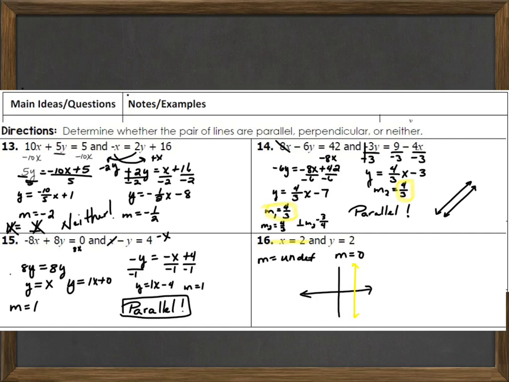It's a vertical line at x equals 2, and y equals 2 is going to be a horizontal line at y equals 2, and vertical and horizontal make right angles to one another. So this one is perpendicular.